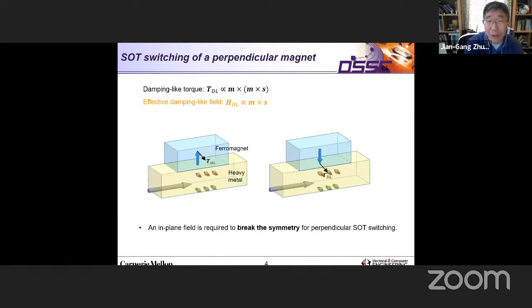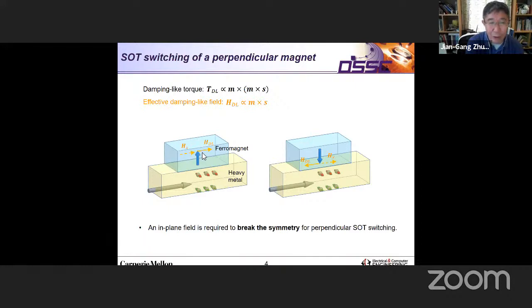So what people do is apply an in-plane magnetic field. If you apply an in-plane field along the current direction, depending on the spin Hall coefficient of the heavy metals, you'll switch it.